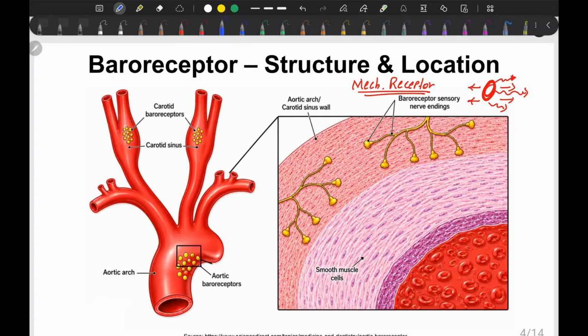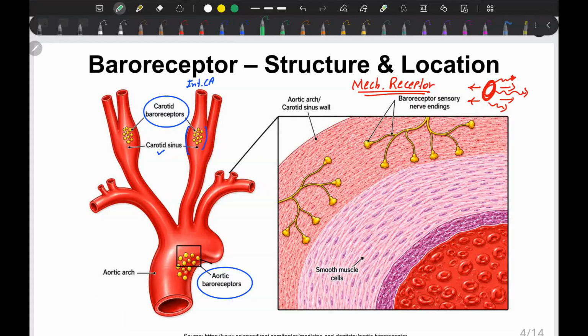Location wise, all the major arteries of your head and neck region have baroreceptors. But clinically important, we have two types of baroreceptors: carotid baroreceptors and aortic baroreceptors. The carotid baroreceptors are present in the carotid sinus, the initial dilated part of your internal carotid artery, and the aortic baroreceptors are present in the aortic arch.